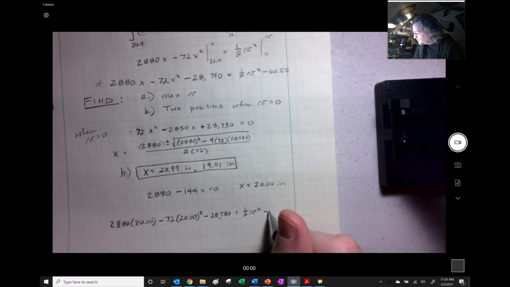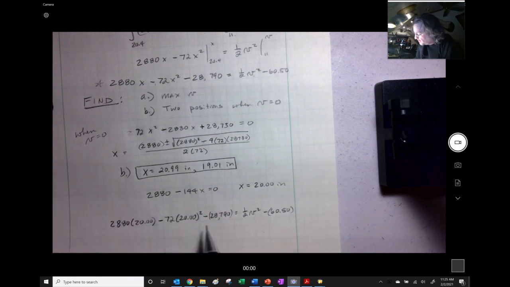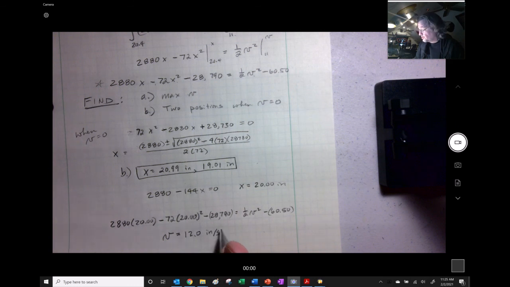V squared minus 60.5. I like to put parentheses around stuff. So what we end up with here is going to be 12.0 inches per second. So there is the answer to part A.